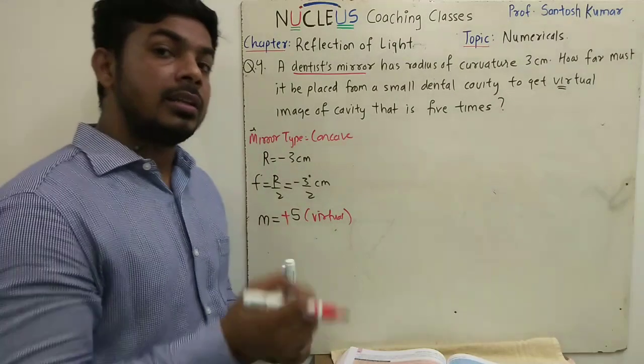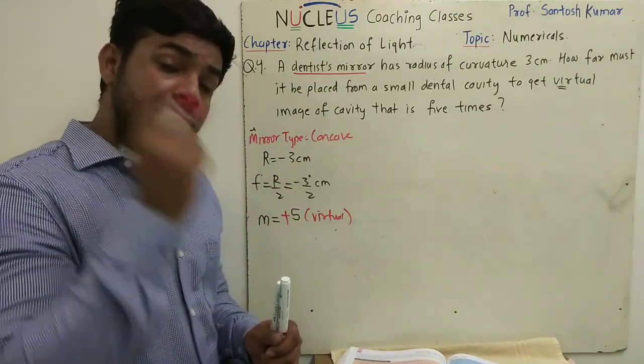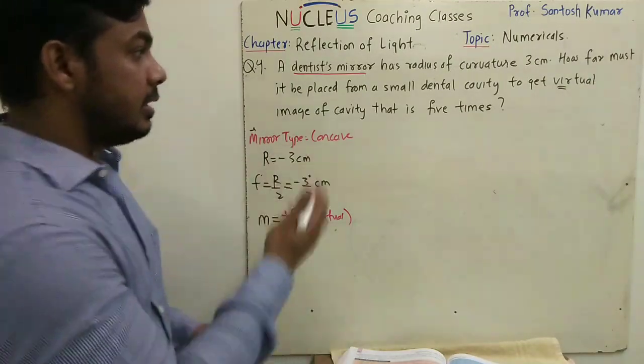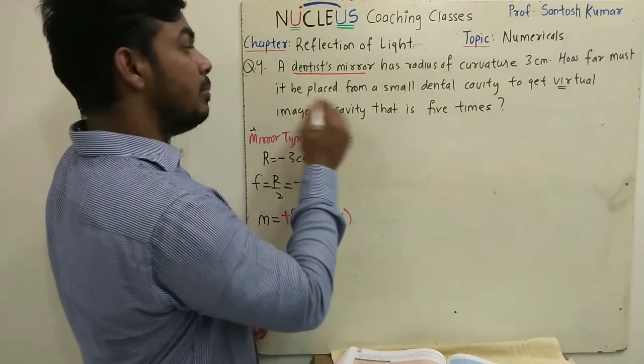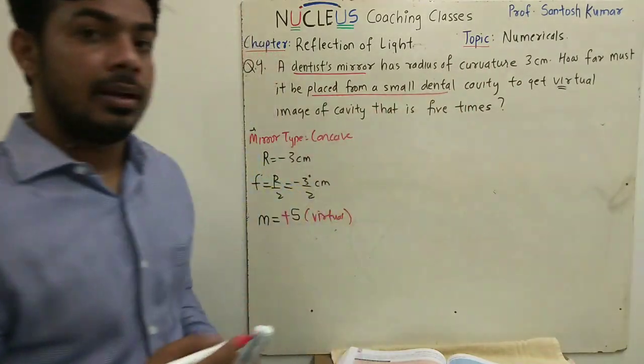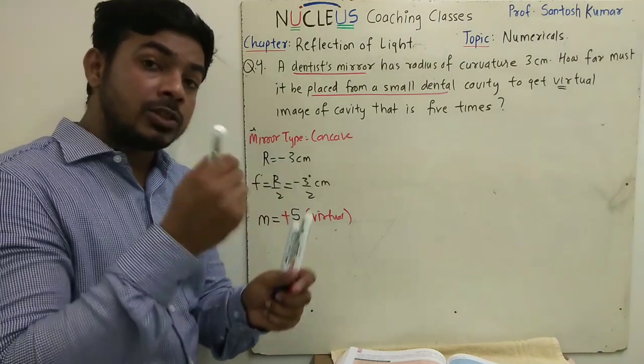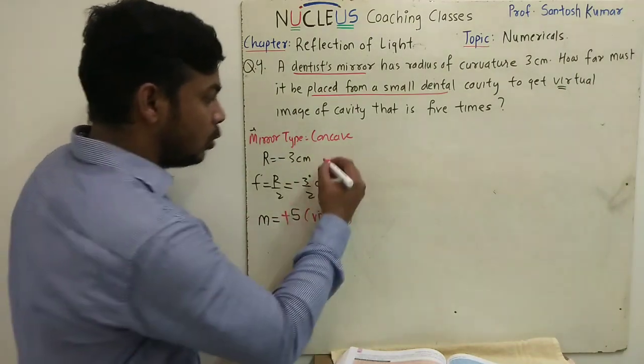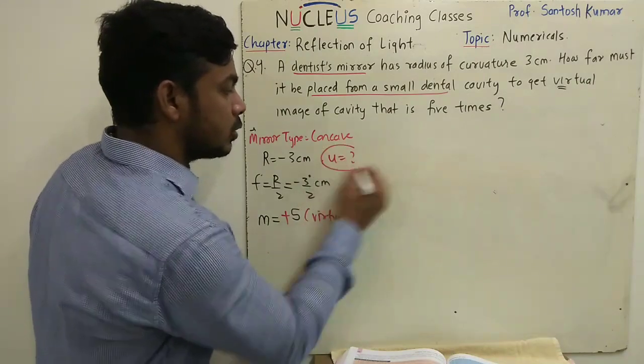We have to find the position of the mirror from the object, that means the object distance. See here, how far the mirror should be placed from the cavity. We are asked to find u over here. So u is the question mark.